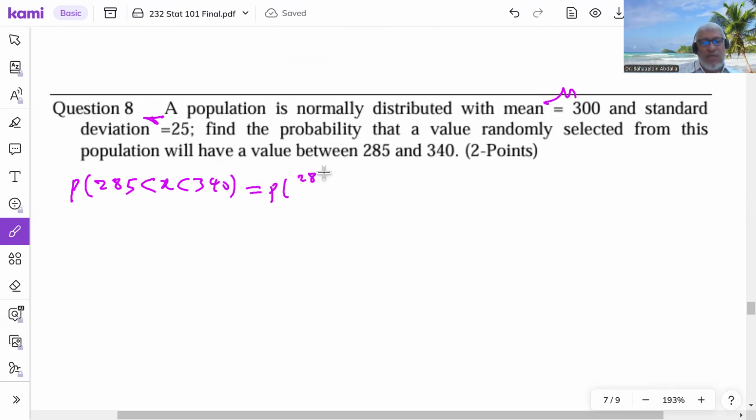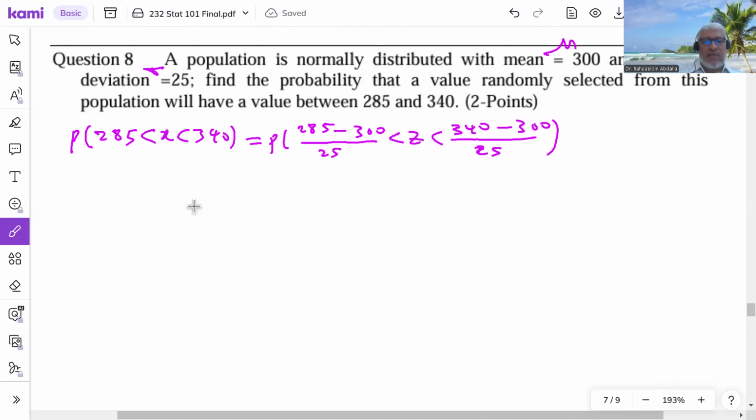So 28.5 minus the mean, which is 300, over 25, which is the standard deviation, less than z, less than 340 minus 300 over 25. Use the calculator. There is no rounding here. You will get negative 0.6 and 1.6 directly.